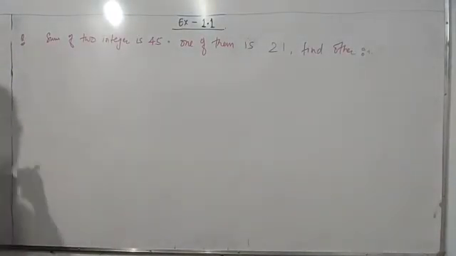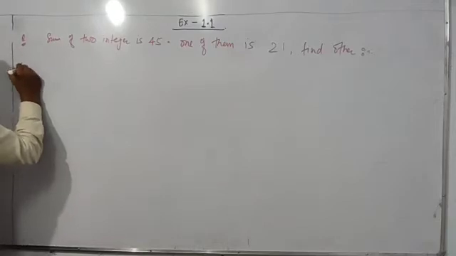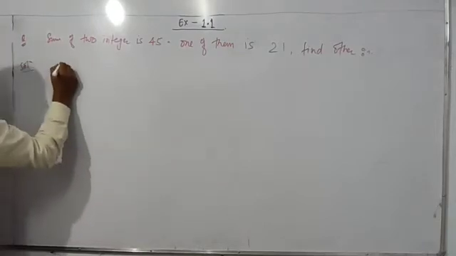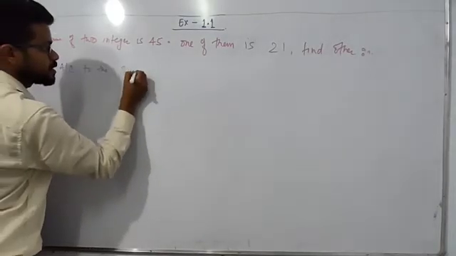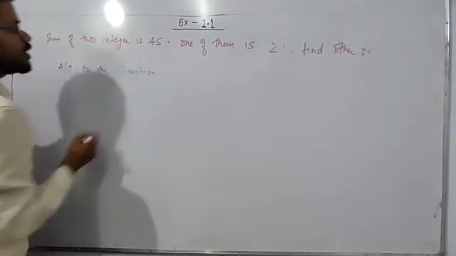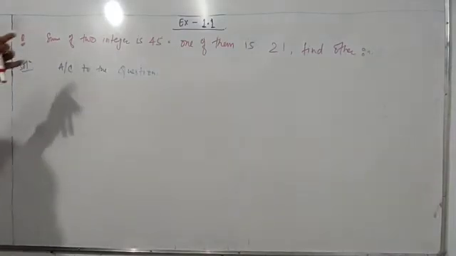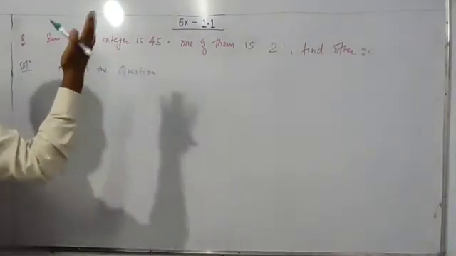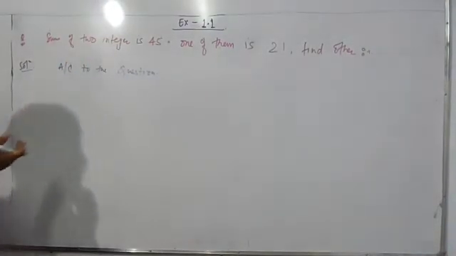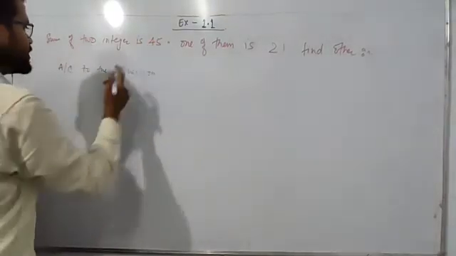So according to the question, what is given? Just try to understand the question by reading it. Sum of two integers. We don't know the value of the integers.